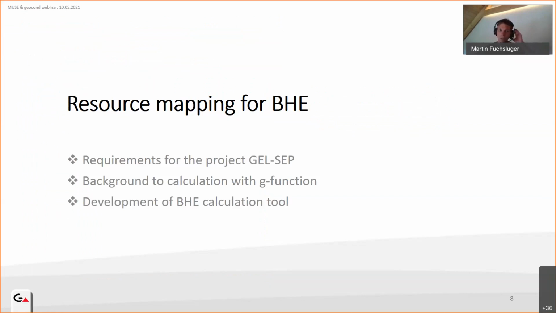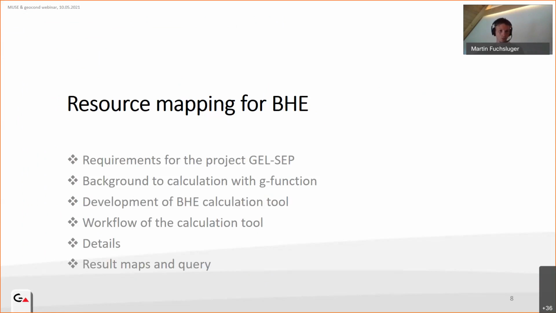Further, I will show you the calculation tool we developed and its workflow: how does it work and what does it do? And then also some interesting details about the calculations. And at the end, I will present the maps and the queries. Cornelia already showed you some basics.